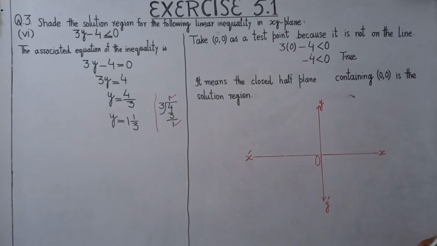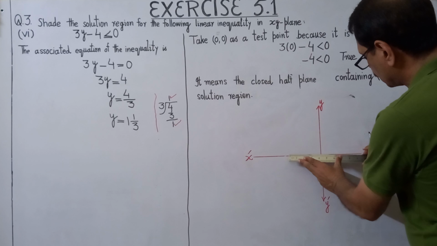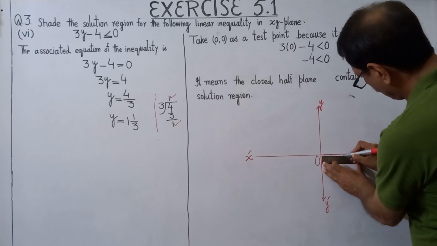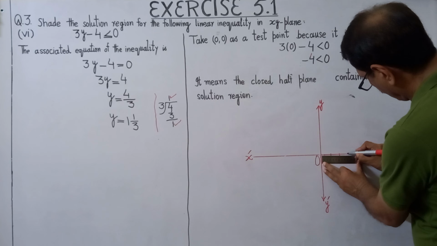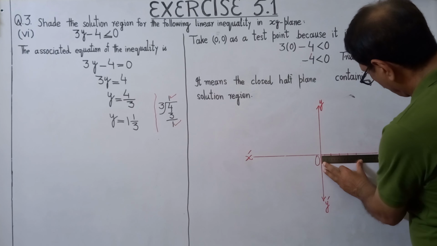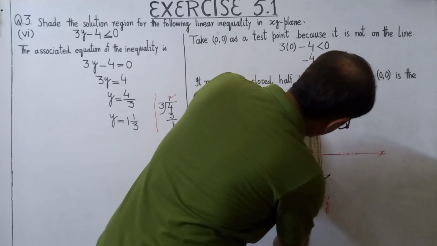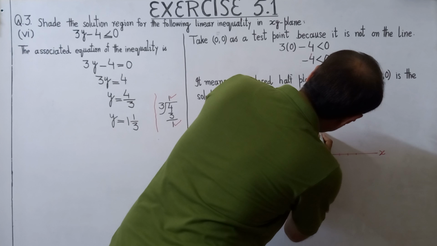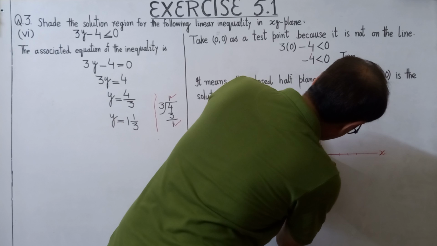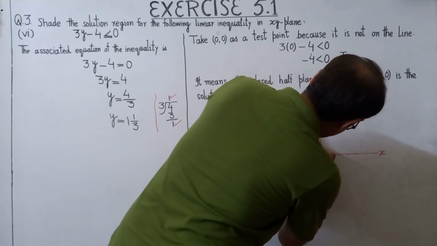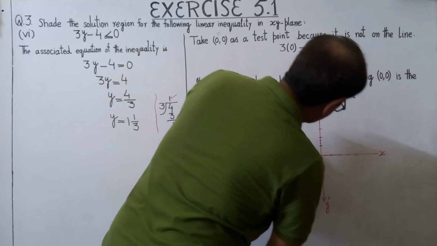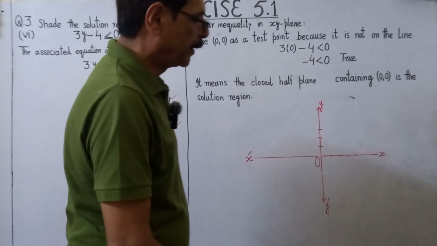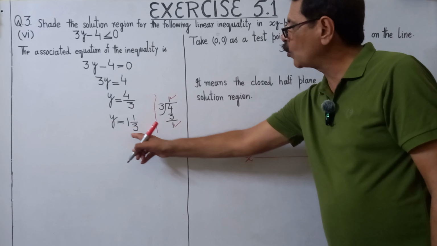So this is the xy plane. Let us mark equidistant points on the plane. Now you see y is equal to 1 whole 1 by 3.